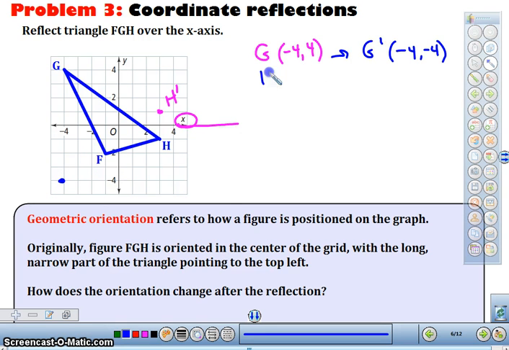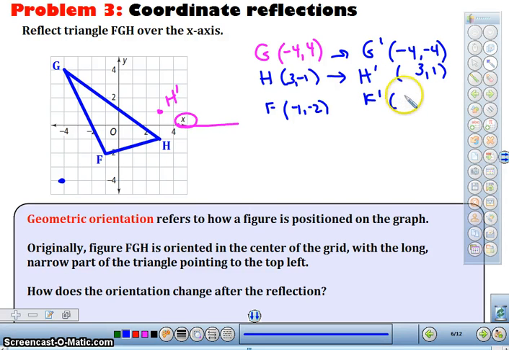The new H, if we are looking at H and H prime, our new H prime should be located at 3, +1. Our old H was at 3, -1. Where is the new F point? Well, the original one was at -1, -2. The new F prime is going to be located at -1, +2.